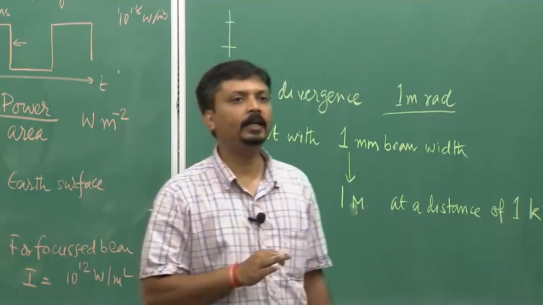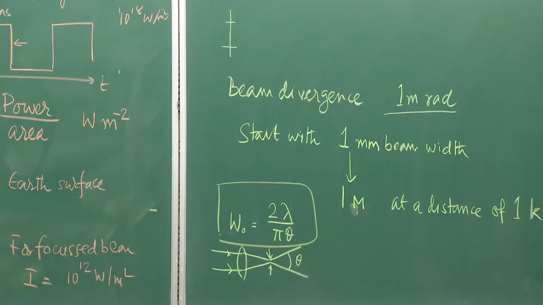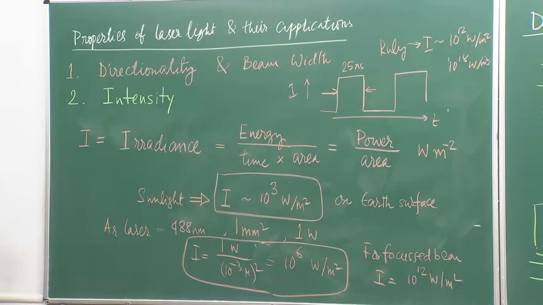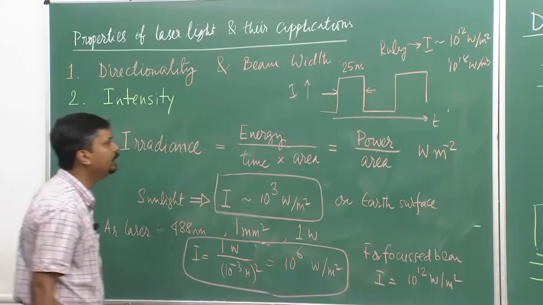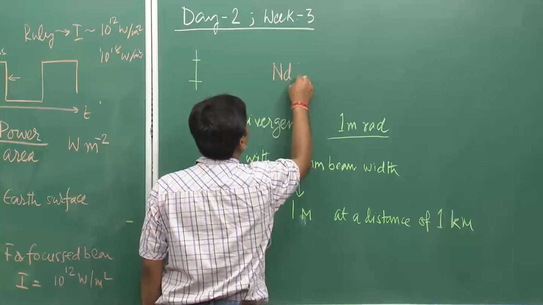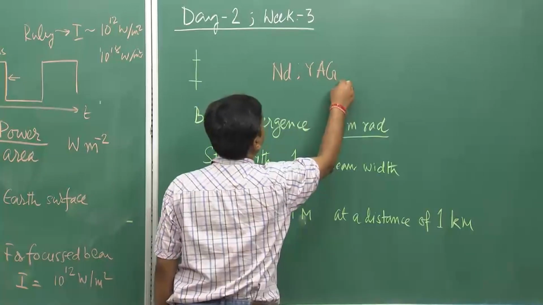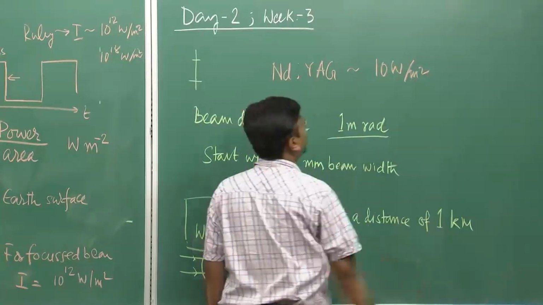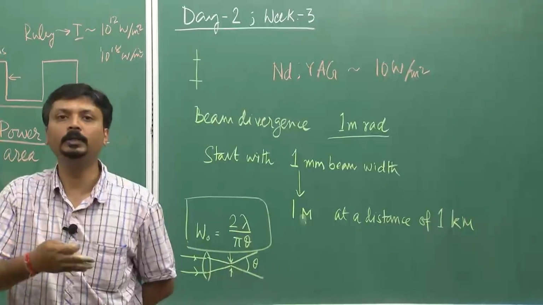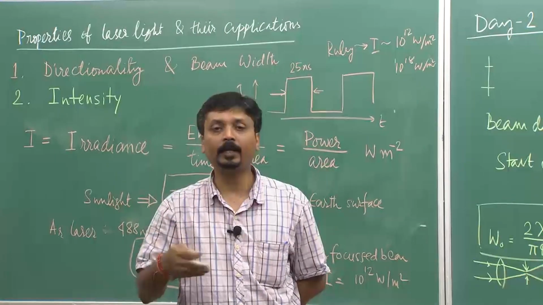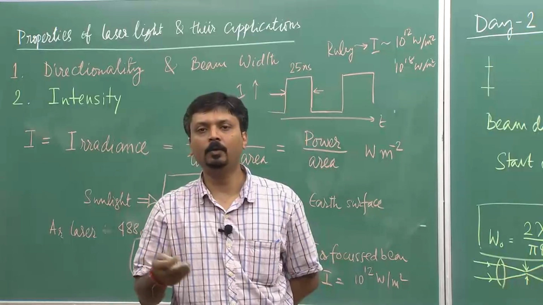For example, if I take a laser beam of, say, an Nd:YAG laser and consider an intensity, we can use this to cut a steel plate having a thickness of 3 mm at a rate of 1 centimeter per second, which is really rapid.